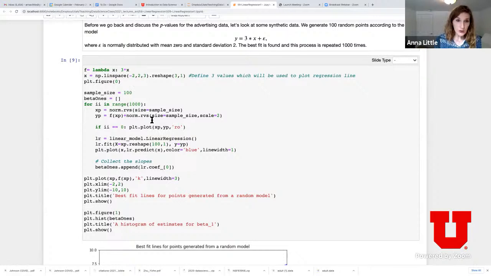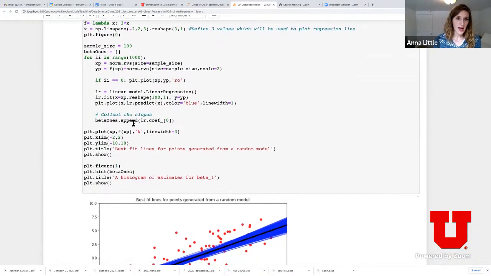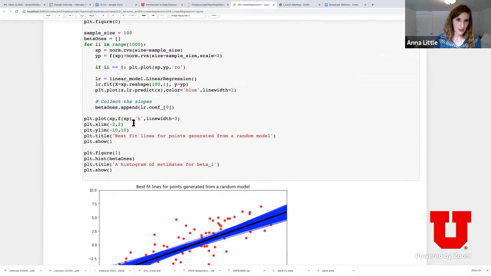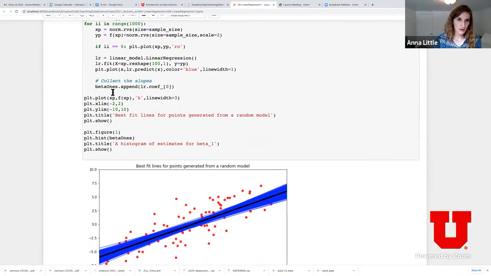We're going to compute the line of best fit after we make our data noisy. We're going to do a linear regression, compute the line of best fit, plot that line, and also collect all of the slopes together in a vector here.